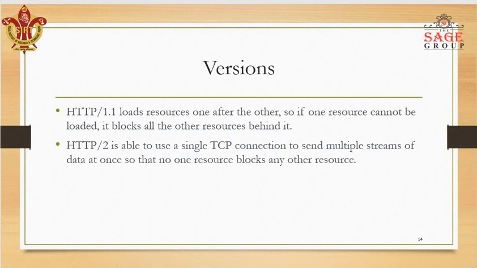So if one resource is not getting loaded into memory, it will automatically block the successive resource behind it. HTTP 2 uses a single TCP connection to send multiple streams of data at once, and hence no resource will block because of another resource.